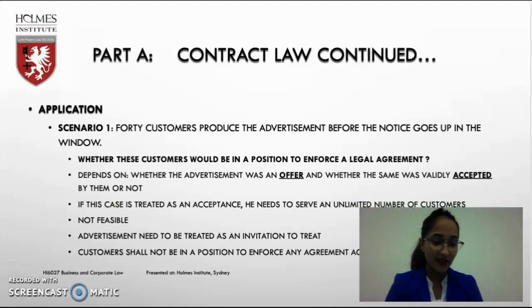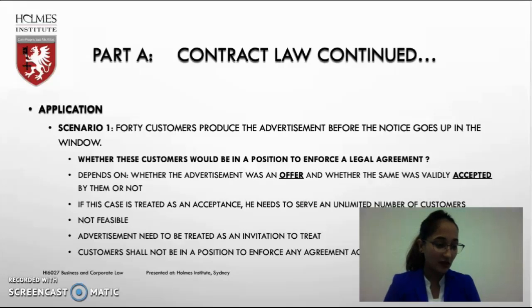Now next is the application. Here we have three scenarios. In the first scenario, 40 customers produce the advertisement before the notice goes up in the window. Here the main question is whether these customers would be in a position to enforce the legal agreement. The answer depends on whether the advertisement was an offer and whether it was validly accepted by them or not.